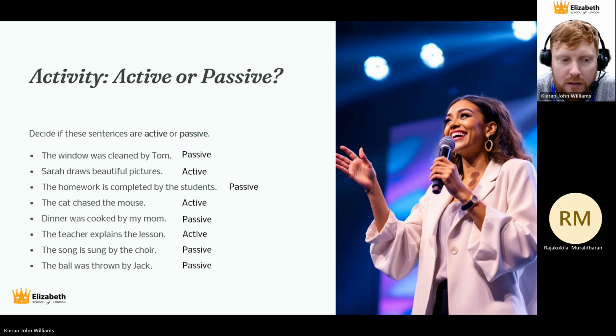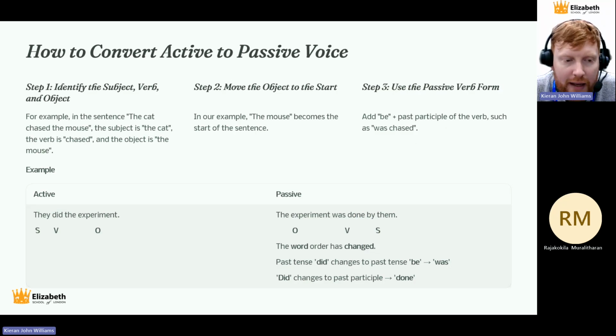Active. Ooh, so remember here it's object, verb, subject. So if it is object, verb, subject, that means that it is passive. If you have a look here, object, verb, subject. So that would make it passive. If it is the other way, if it is subject, verb, object, then that would mean that it is active.